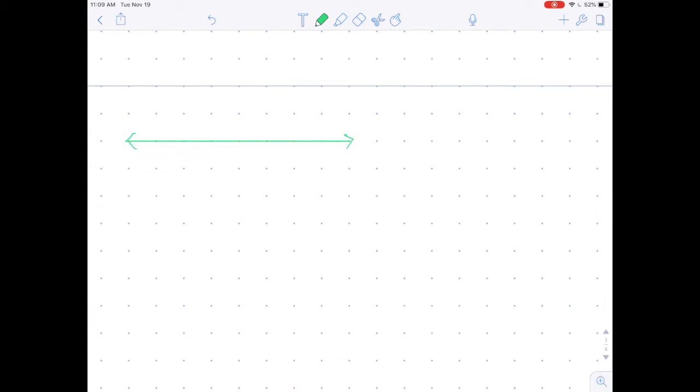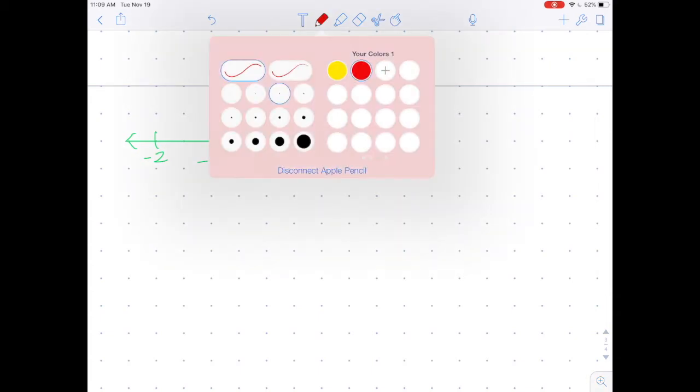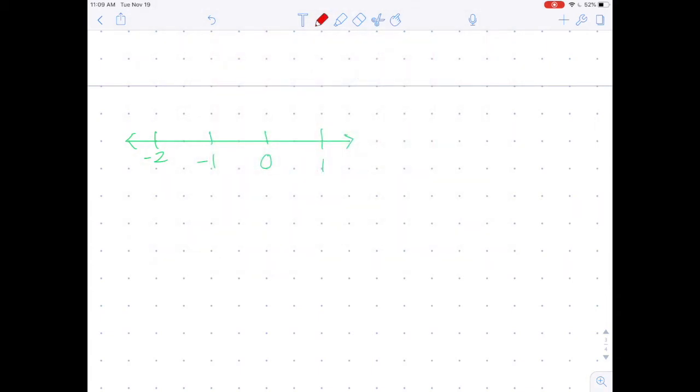Okay, so if I have, let's make this -2, -1, 0, 1. And we've got a circle here, and we're coloring everything this way.